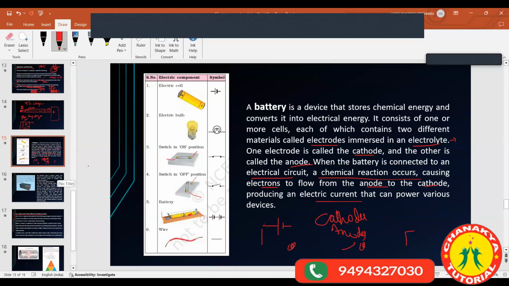Ma'am, in our school we have a science fair. They're saying you should make a working model, and that working model should not be of plastic. It should work like it's attached to the electricity, but it should not be attached.